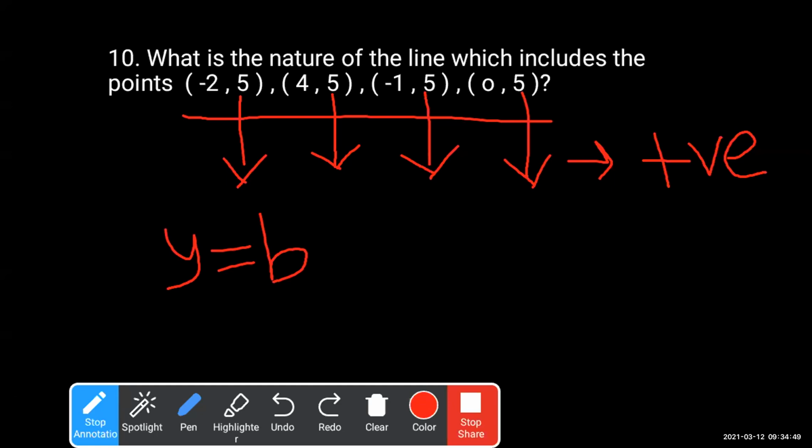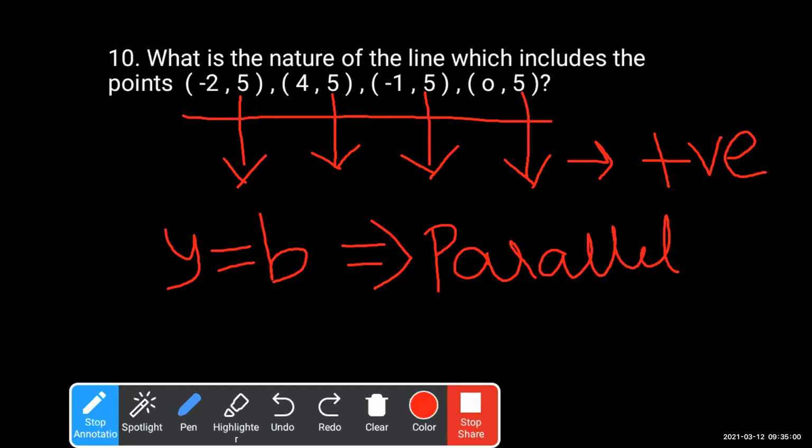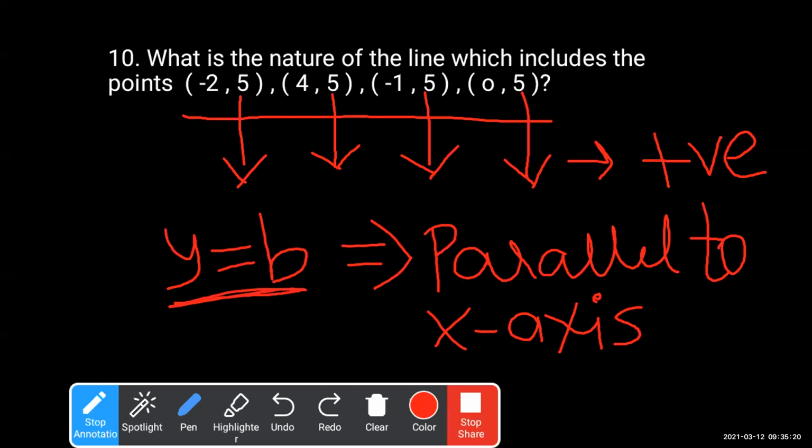So what will be the nature here, students? How are you going to write the answer? They are parallel to the x-axis, and it is of the form y equals b.